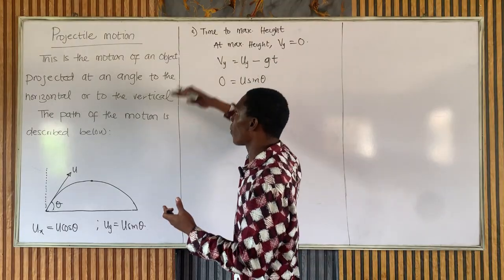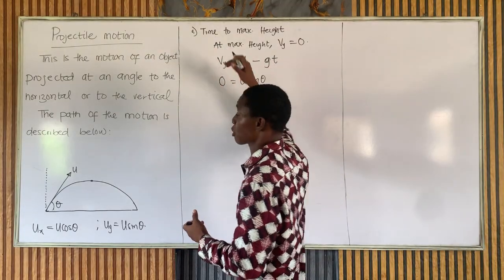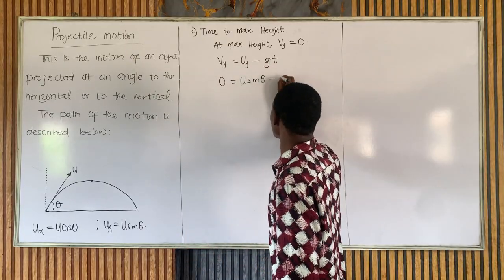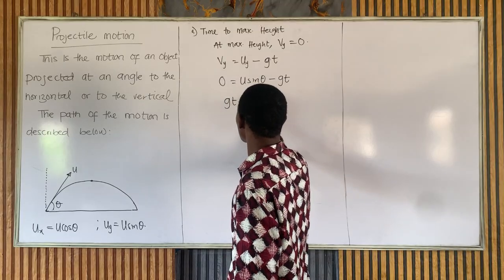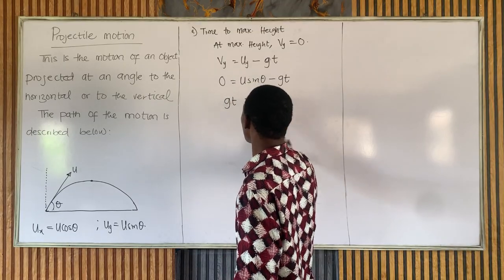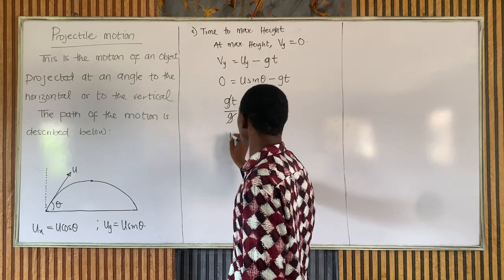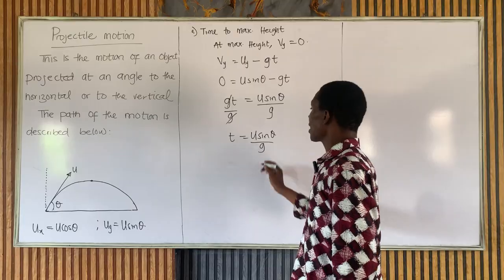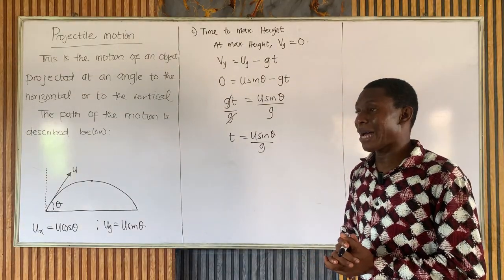If an object is going upward, it goes against gravity, so we use minus. And if it's coming down, we use plus. Please take note of that. So 0 equals u sin theta minus gt. Making t the subject of the formula, gt is equal to u sin theta, and dividing both sides by g, we get t equal to u sin theta over g. And this is how we got the time to maximum height.